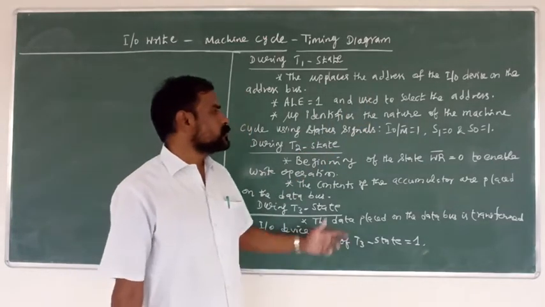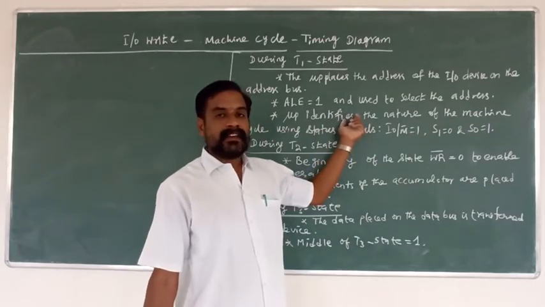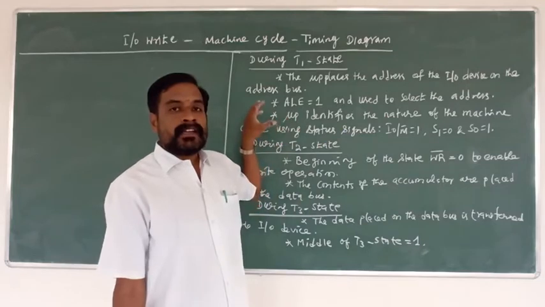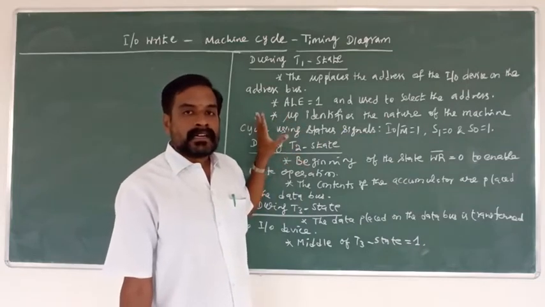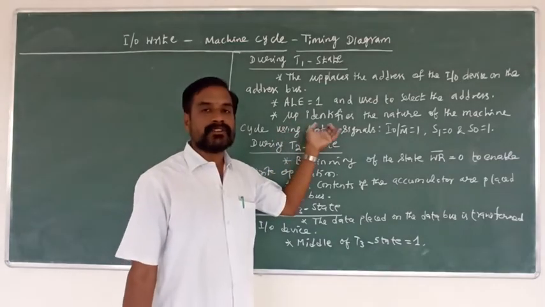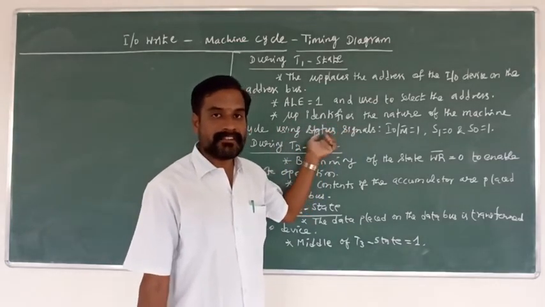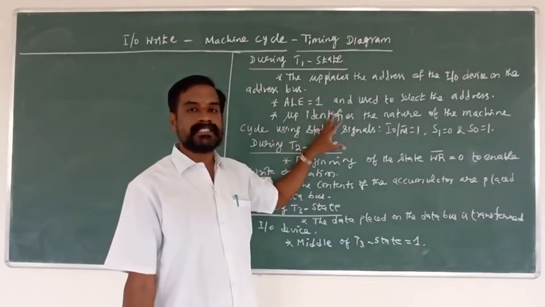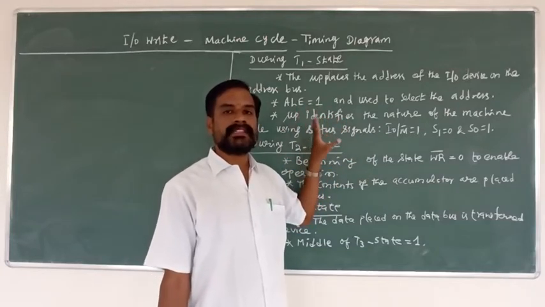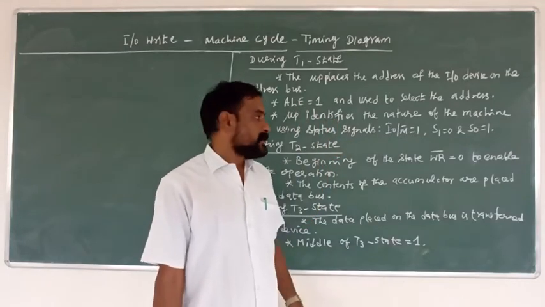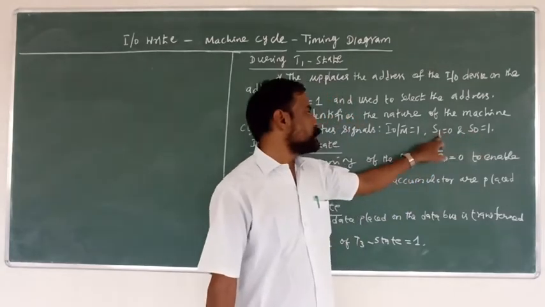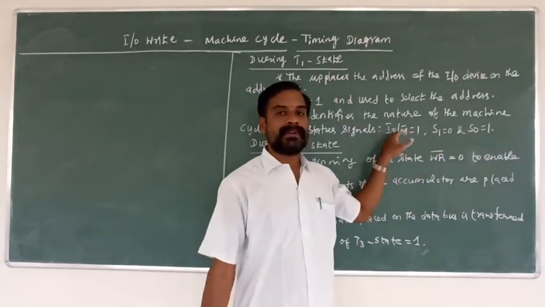Next, we use the status signals to identify what type of machine cycle we are using in this diagram. For that, there are three signals: S0, S1, and IO/M bar.